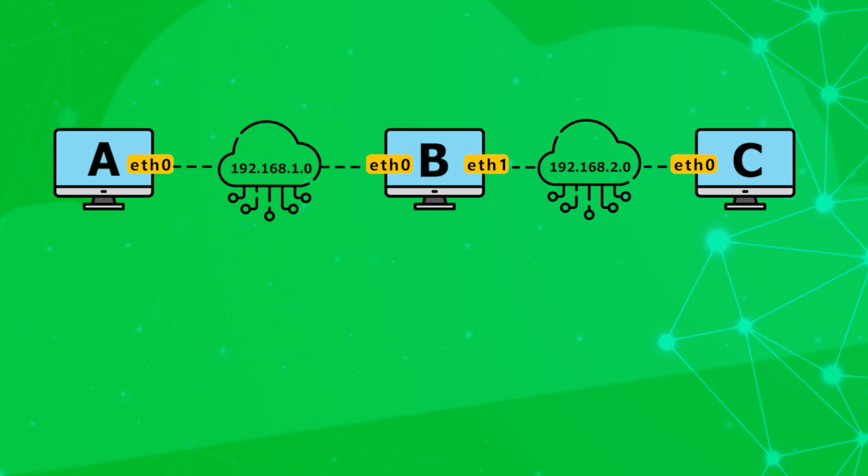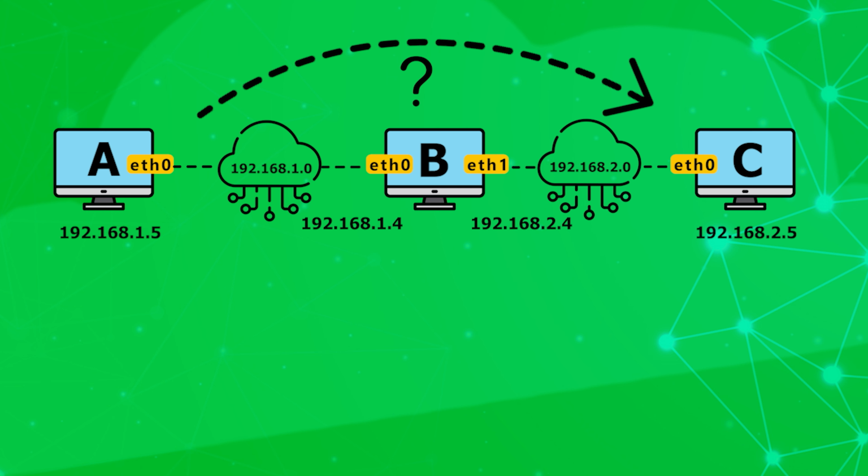And then there is machine C which has interface eth0 and this is connected to the network 192.168.2.0, and these are the corresponding IPs of all these machines. Machine B will have two IPs because it has two interfaces. So this is what is going to act as a router.